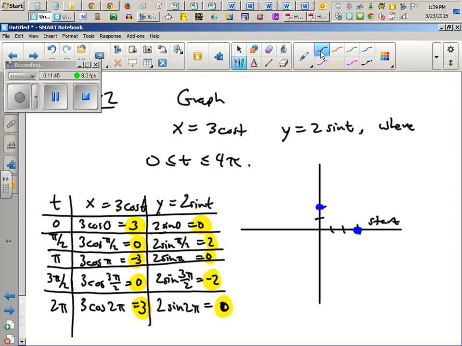Next point is negative 3, 0. Next point is 0, negative 2. And interestingly, the last point in this table goes back to the first point. So it looks like I went all the way around and I'm back at home plate. But I'm not done yet because I'm supposed to go all the way to 4 pi.